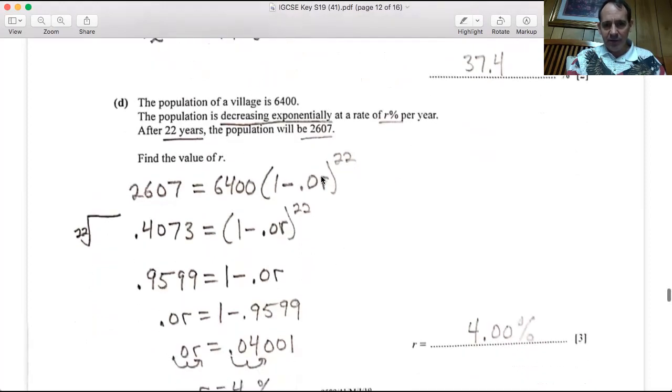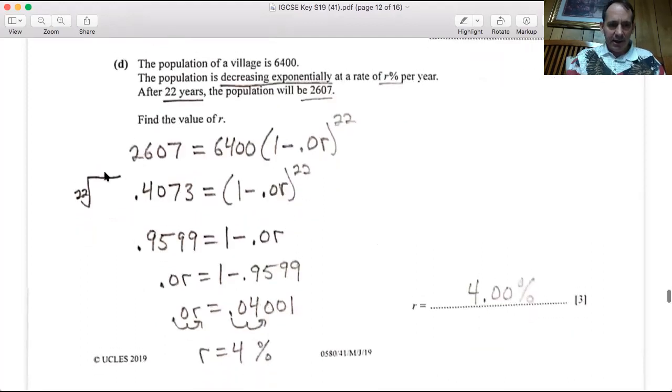So we're solving for the R. So the first thing that we're going to do is divide by the 6,400, and that's going to give you 0.4073. Second thing we're going to do, and I put it out here, is we need to get rid of that 22. So we need to root with the 22nd root.